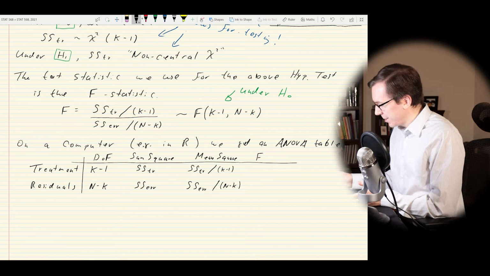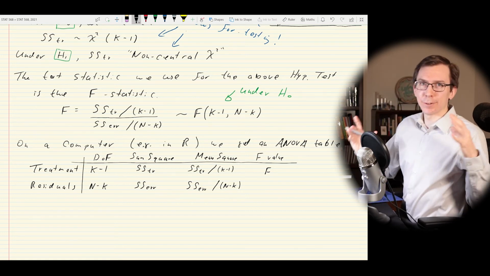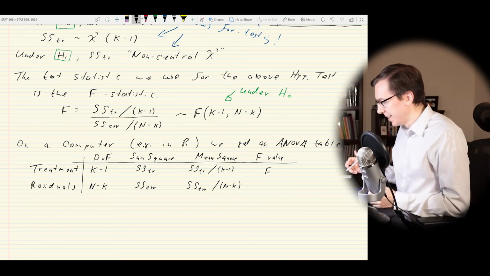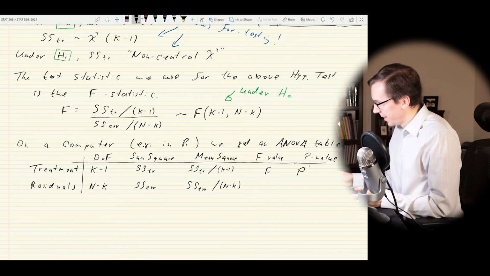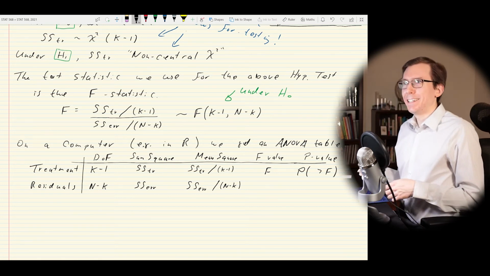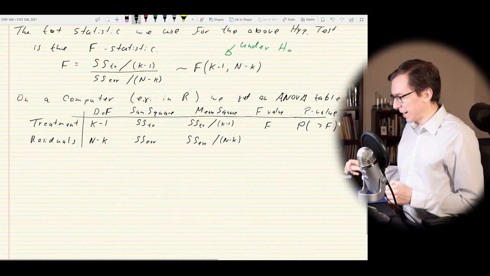And then lastly, we're going to have our F value, which is just the F statistic that I wrote up on the side above it. And we're going to have a p-value. This is the final and key piece of the puzzle, which is basically a tail probability.